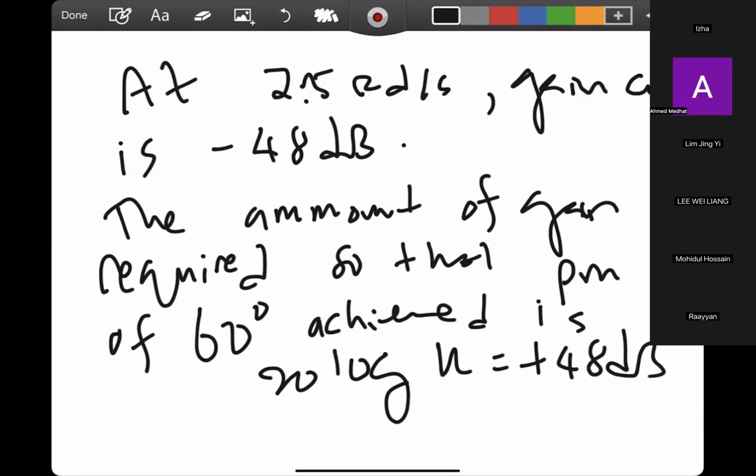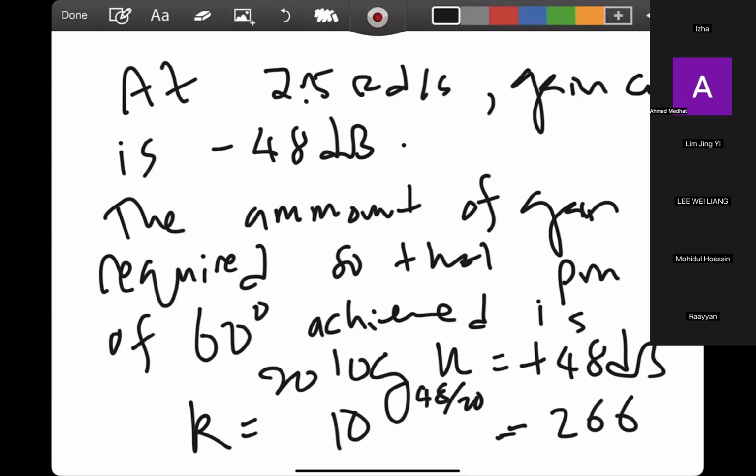Okay. So K is equal to 10 to the power of 48 divided by 20, which is equal to 266. Okay. Previously it was 1.